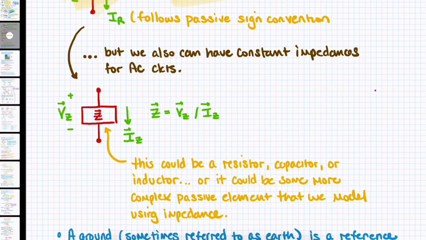But for AC circuits, where we do have to consider the imaginary, we would use the complex form of Ohm's law, which is that Z, the impedance, is equal to V over I, again obeying the passive sign convention. Now, I'm not going to talk about this too much here because we have talked about resistors and we have introduced Ohm's law previously, so I don't think there's a need to rehash a lot of this.